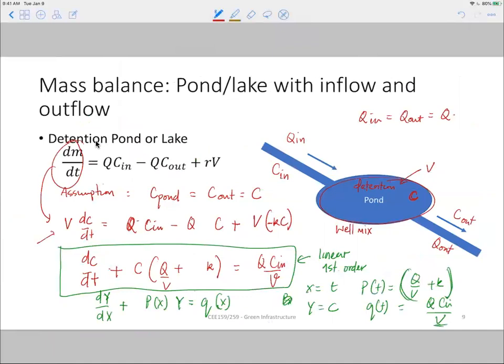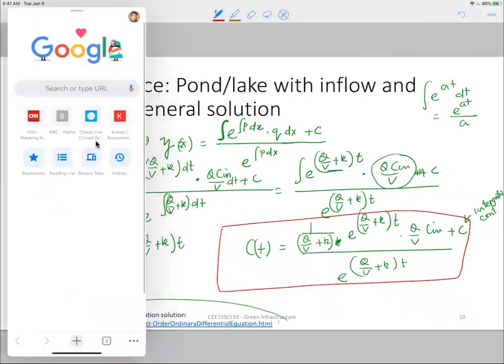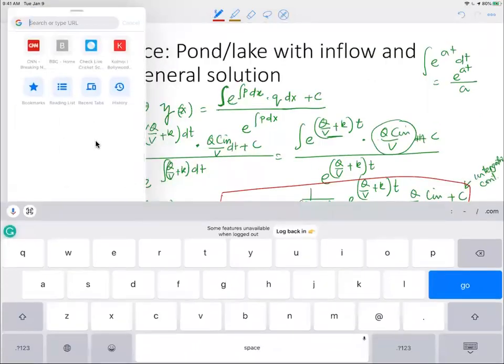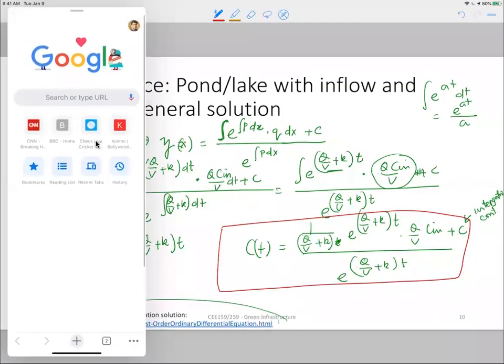If you write it here, the left side is 0.